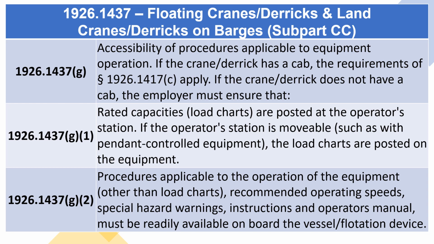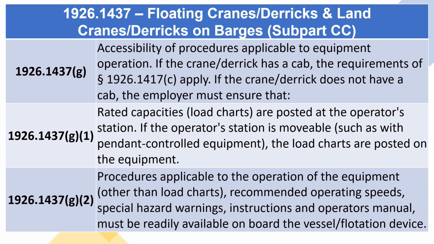1926.1437(g). Accessibility of procedures applicable to equipment operation. If the crane/derrick has a cab, the requirements of section 1926.1417(c) apply. If the crane/derrick does not have a cab, the employer must ensure that 1926.1437(g)(1) and (g)(2) rated capacities, load charts, are posted at the operator's station.